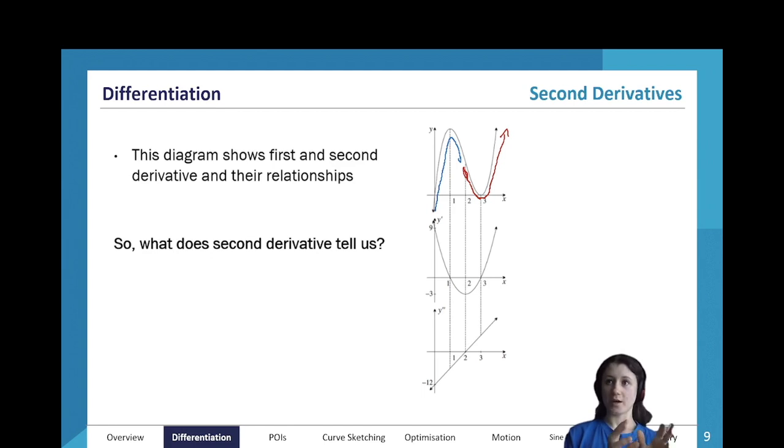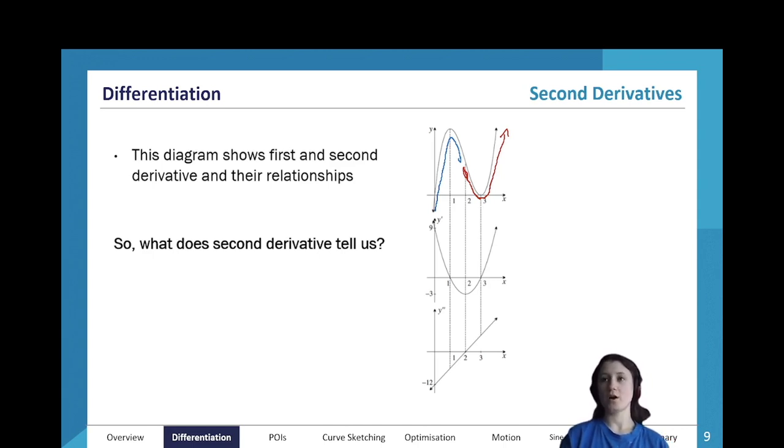In the blue part, the rate of change of the gradient is decreasing. In the red part, the rate of change of the gradient is increasing. All right? So the concavity of the curve is actually all about the rate of change of the gradient.